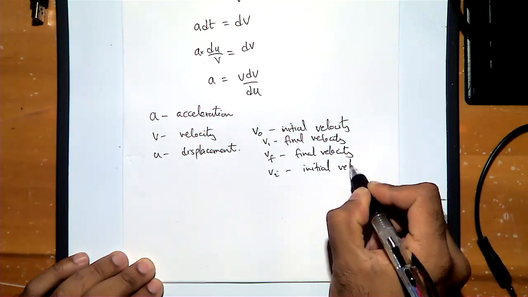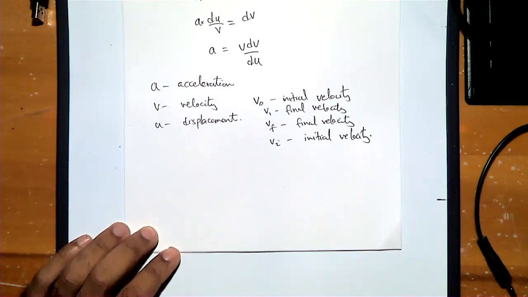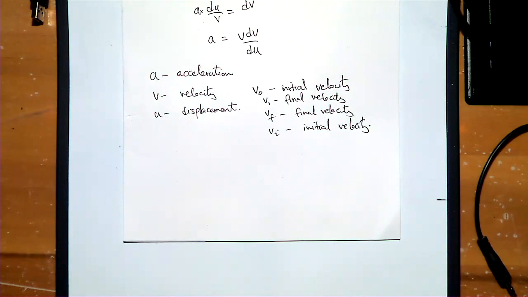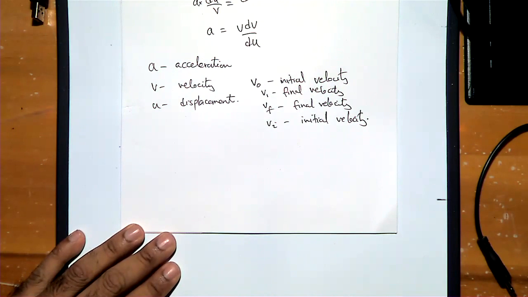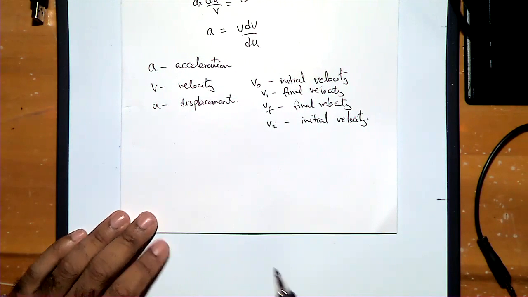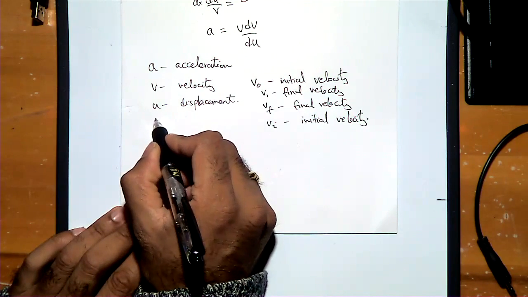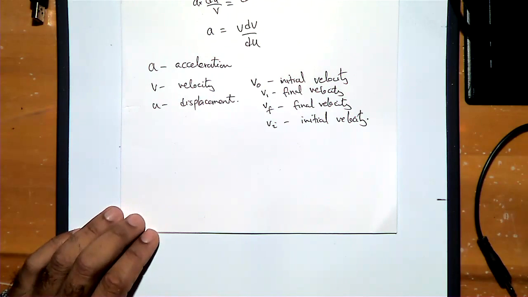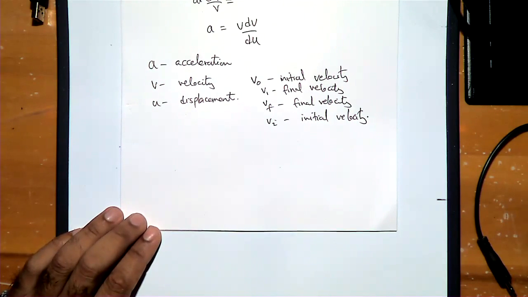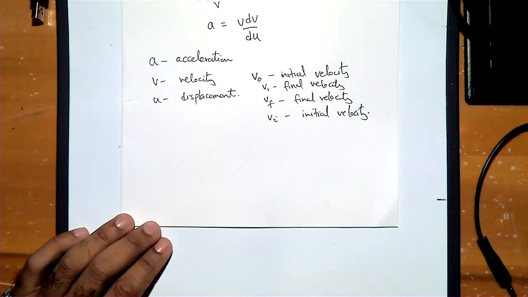These are all different ways in which you'll see me, and indeed other textbooks, write these different terms or variables. And the same for U. You could have U naught, Ui, Uf, those are all ways in which you might describe displacement.